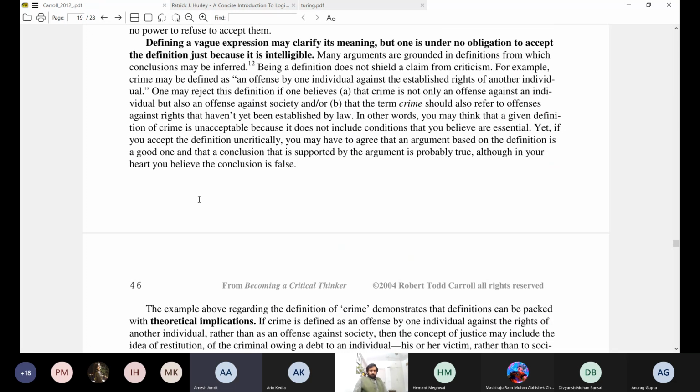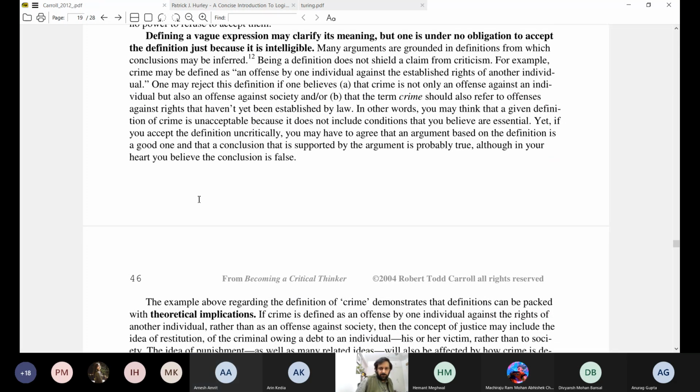So could you please repeat from where I have to read? At the top of the screen, defining a vague expression may clarify its meaning. Right, thank you. Defining a vague expression may clarify its meaning, but one is under no obligation to accept the definition just because it is intelligible.